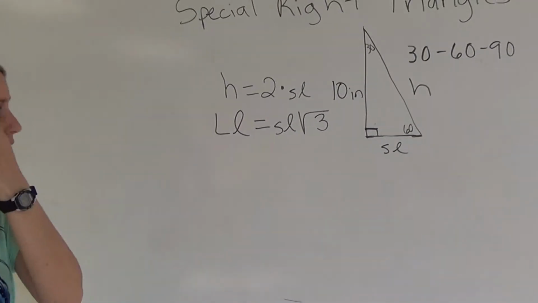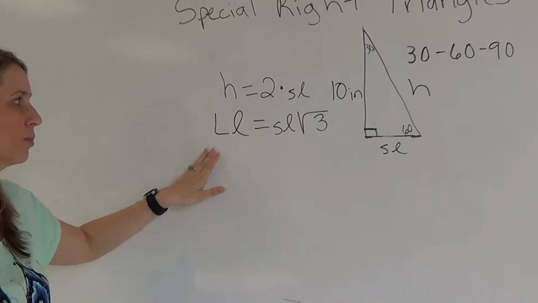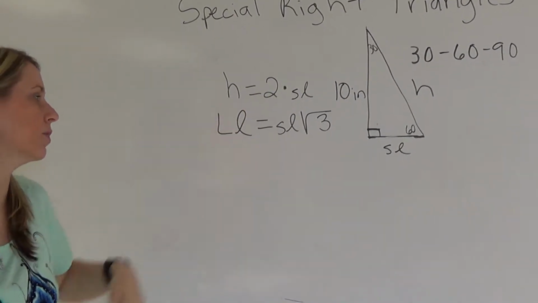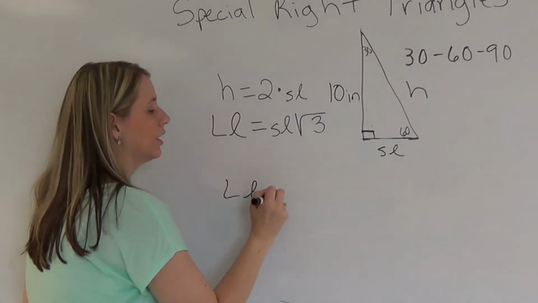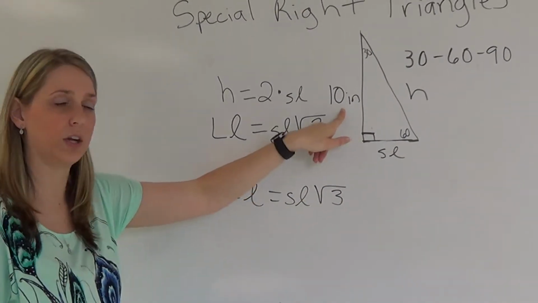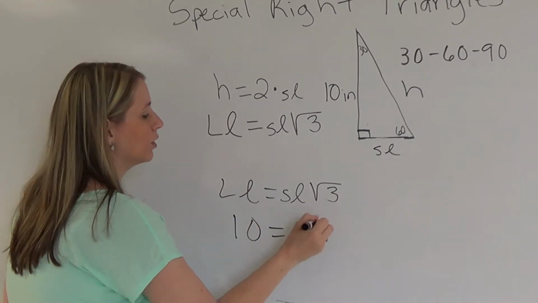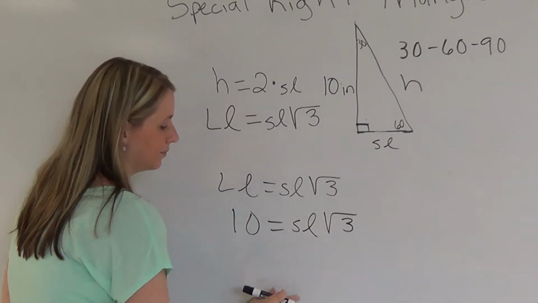Okay? Now, this is the longer leg, so we know we have to start with the longer leg formula. There's no LL up here, so we start with this one. The longer leg is the shorter leg times the square root of 3. I know what my longer leg is. It's 10. So 10 is equal to the shorter leg times the square root of 3.